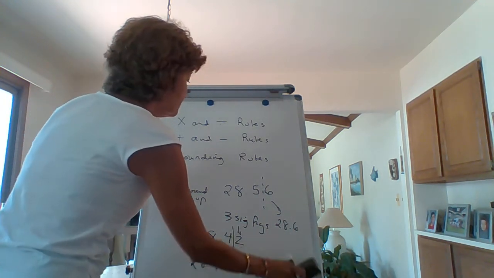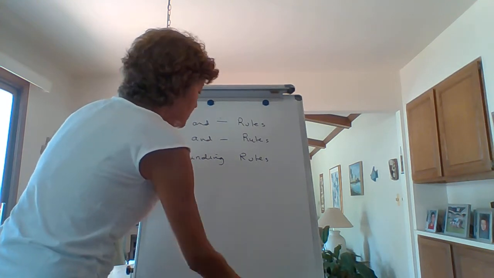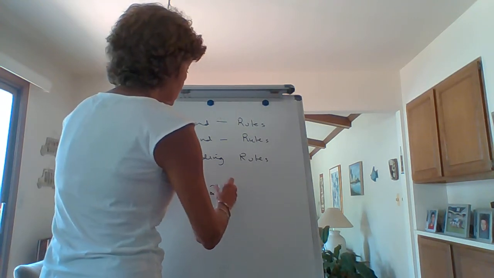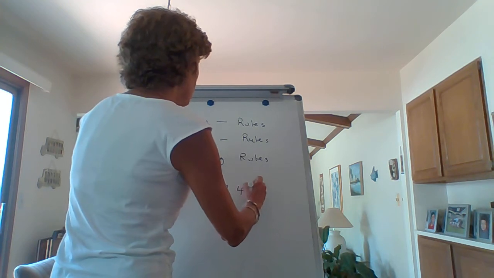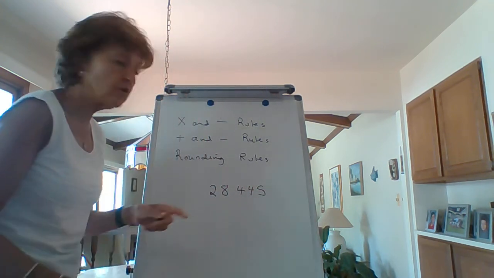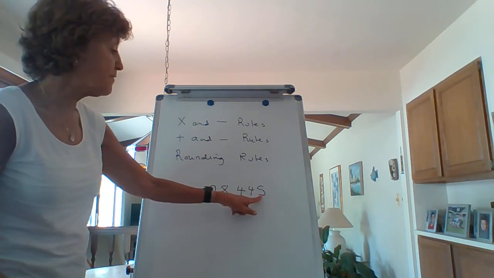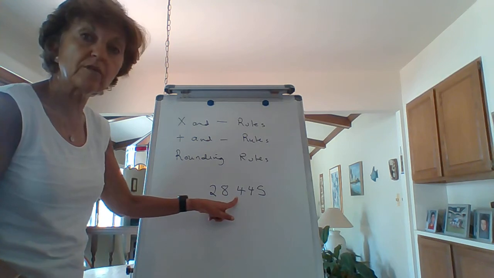All right. The other thing with rounding is that if you have something like this, 28.445, and you want, let's say, 3 sig figs. A lot of students will see this 5 and then they'll want to round this up and then make it a 5 and then round this up.